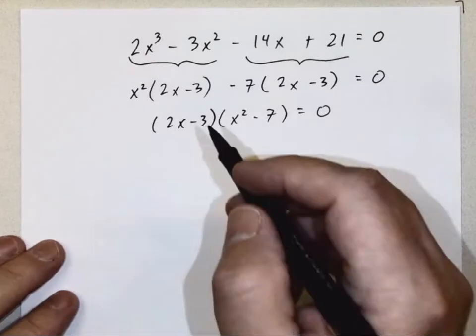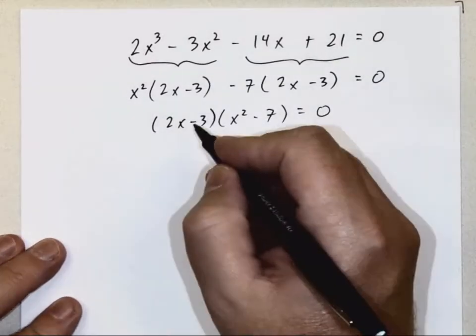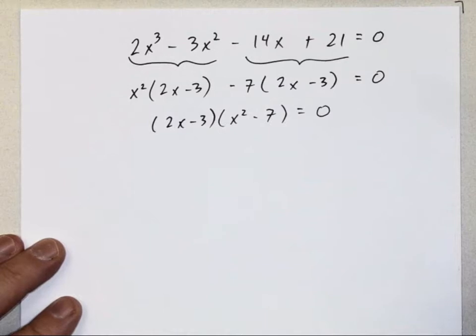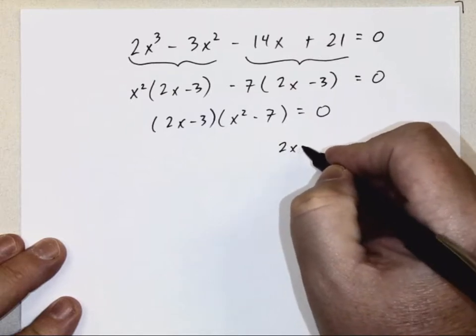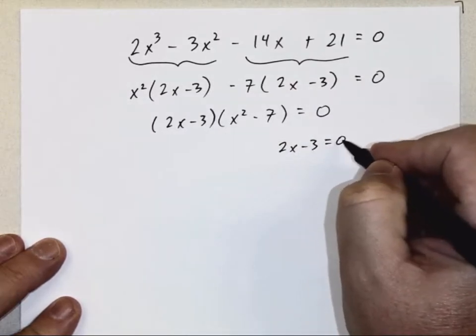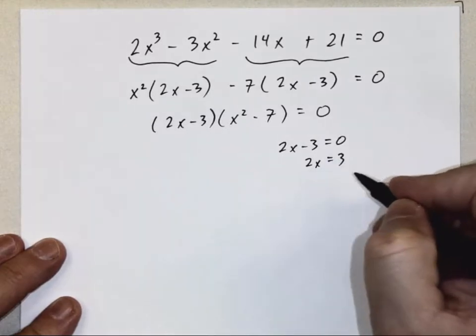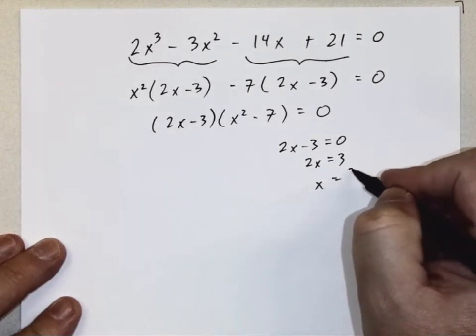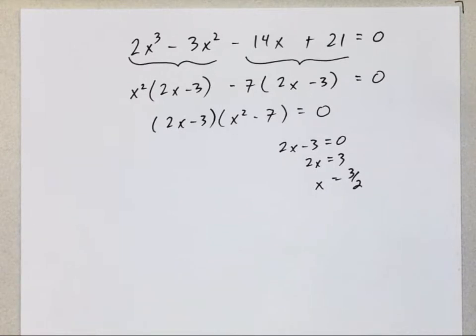So now we have 2 factors here, the 2 parentheses. The way we find the solutions is to take each parenthesis and set it equal to 0 and solve for x. So if I take the first parenthesis, I set it equal to 0, I solve for x. So add 3 to both sides, divide both sides by 2. So there's my first solution.